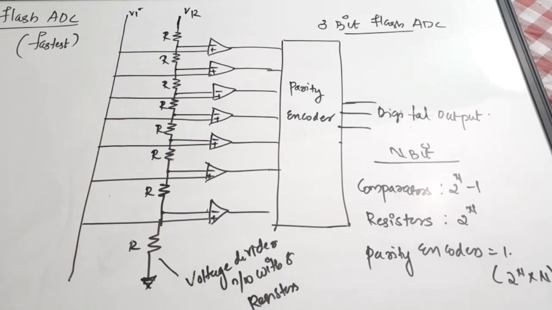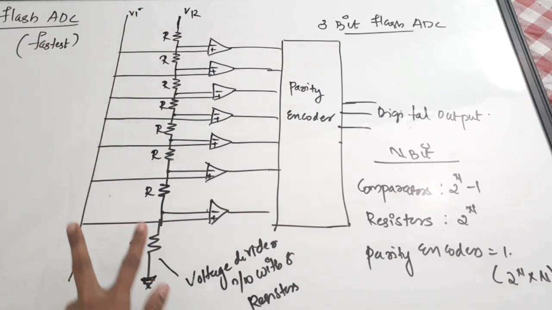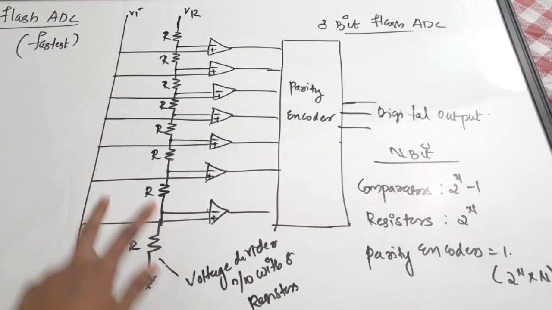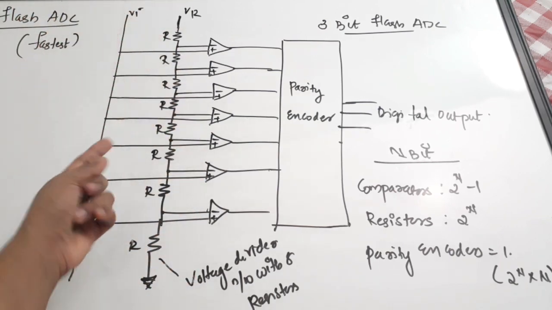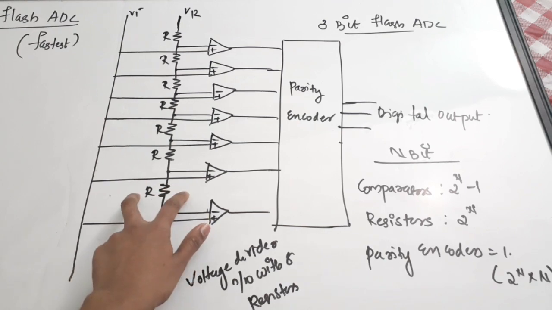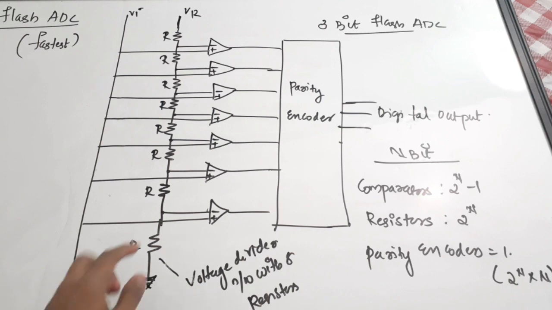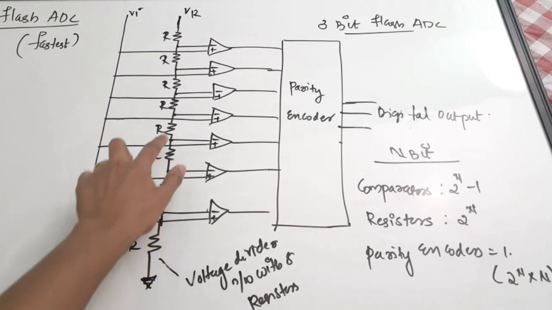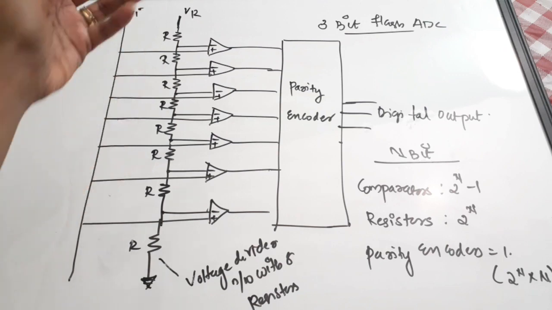Here there are 8 resistors: 1, 2, 3, 4, 5, 6, 7, 8. The voltage drop will be integer multiples of V by 8 as we move across each resistor: V by 8, 2V by 8, 3V by 8, likewise. So it will be V by 8, 2V by 8, 3V by 8 on the negative terminal of the various comparators.